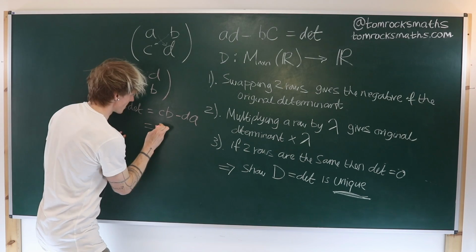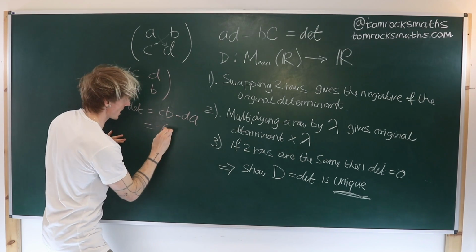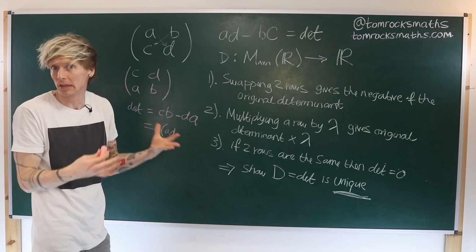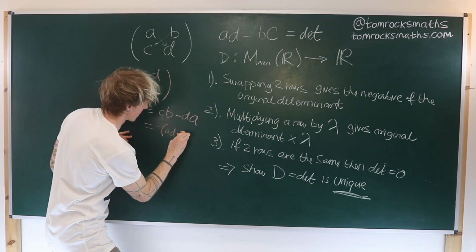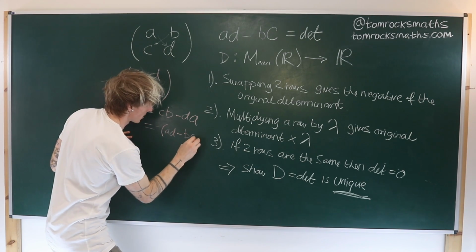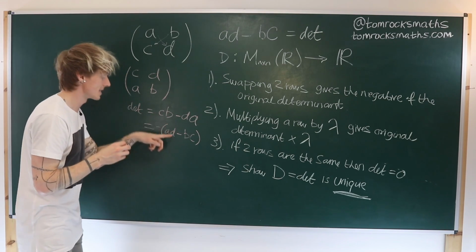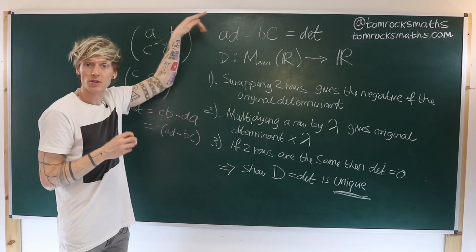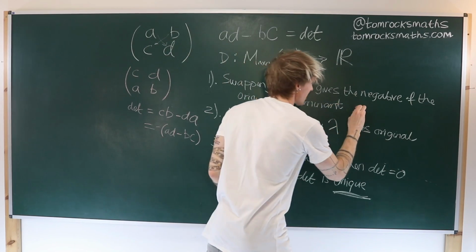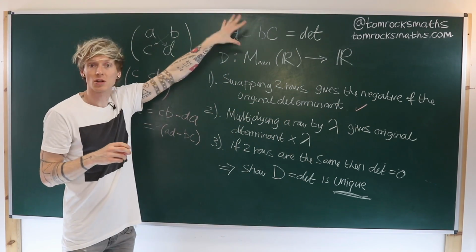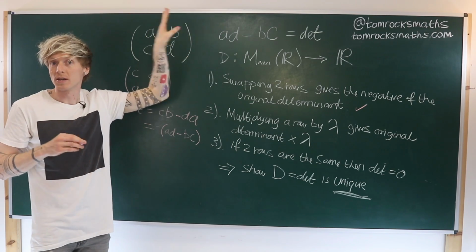Because if I take a minus out the front, then I can write that as AD, since DA is the same as AD when you're working with scalars, real numbers, and then we've got minus BC. So the answer here, having swapped two rows, is indeed the negative of the original determinant. So property 1 is satisfied by this definition for a 2 by 2 matrix determinant.